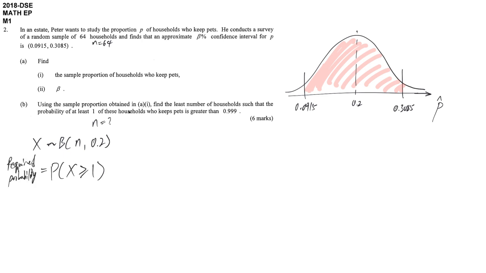That's the required probability. So based on what you learn, of course, list out our outcomes: 0 household, 1 household, 2 household, 3, 4, until n household. And then we are talking about this part. So we use the basic strategy, we use all the possibility, and then we subtract the only rejected case here.